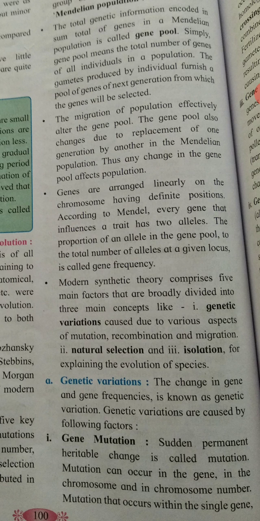Mutation can occur in the gene, in the chromosomes and in chromosome number. A mutation that occurs within a single gene is called a point mutation.